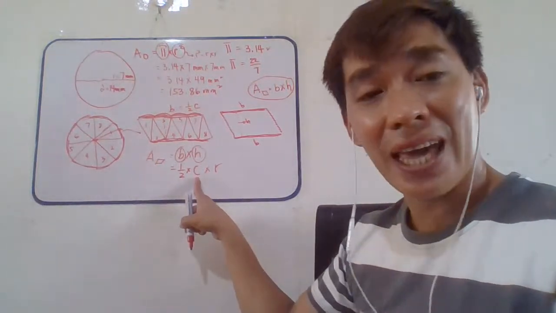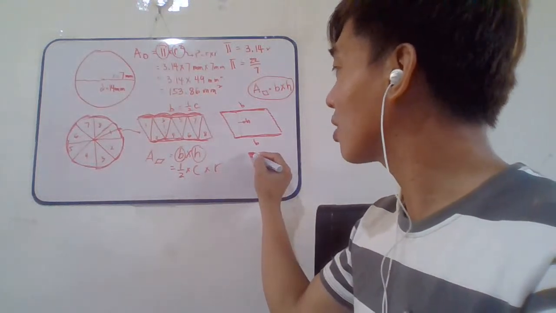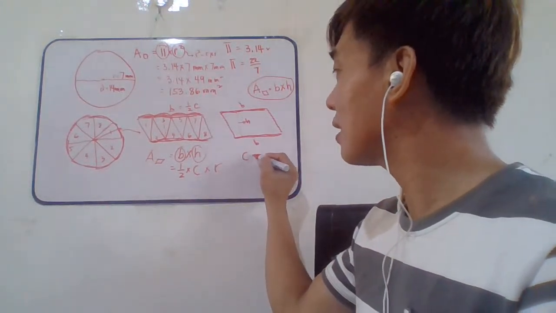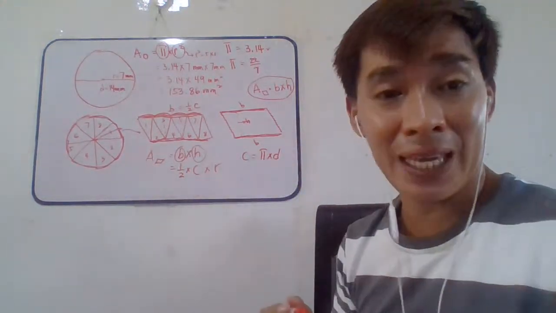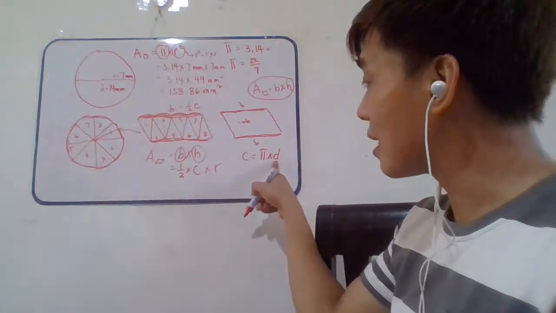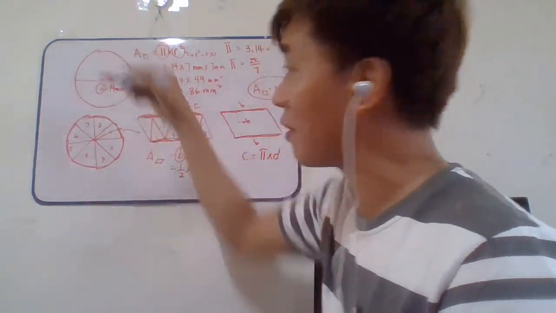Remember that in solving for the circumference, that is equal to pi times d, and our d here is twice of the radius.